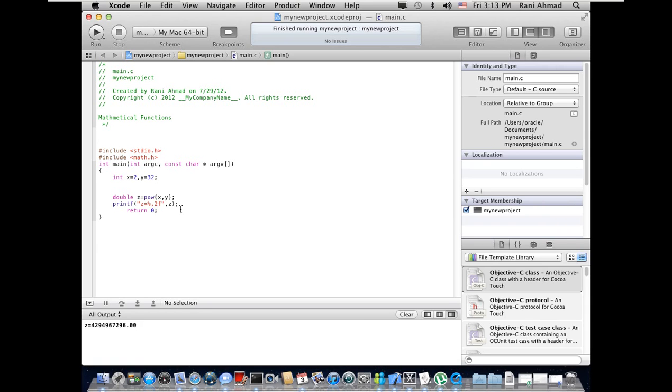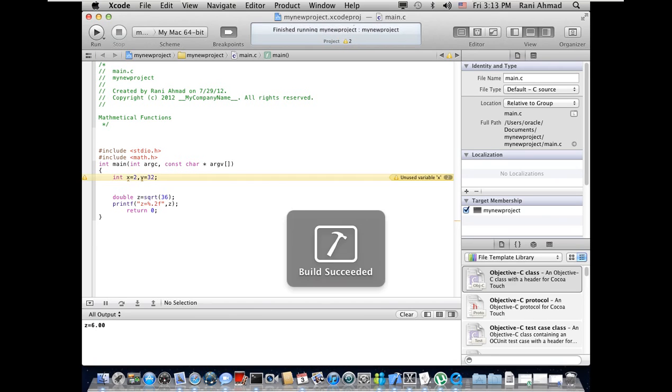The square root of 4 is 2, and of 36 is 6. So how do we get that? We use the function named sqrt. For example, 4 would give you 2, maybe 36, and this is 64.